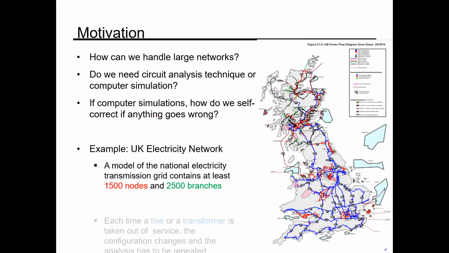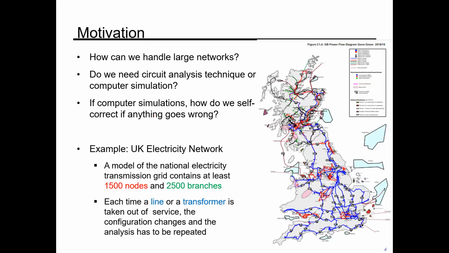Each time a line or transformer or any other device, such as cables or bus bars, goes out of service, this will result in a change of configuration per minute, per second, or hour, or whatever. So then the analysis technique is required.